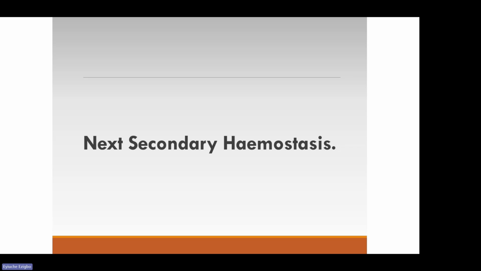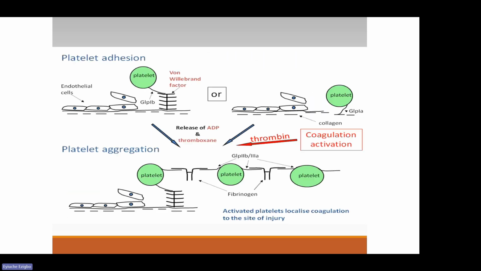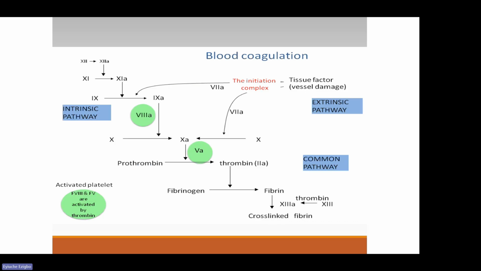Next we'll be looking at the secondary hemostatic mechanism. We'll be discussing the process of converting the fibrinogen. As you are seeing here, this is the blood coagulation cascade. We'll be looking at the models, because we have the cell-based models and the cascade models that describe this coagulation cascade, the secondary coagulation mechanism.